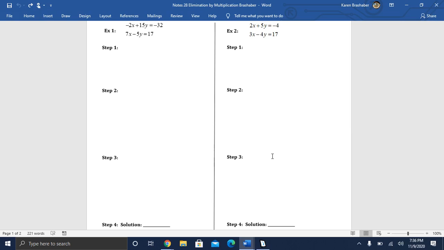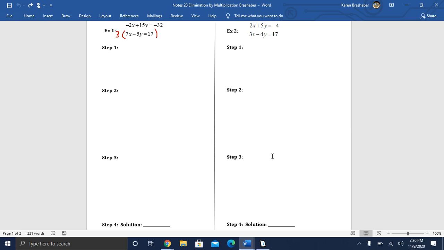But as I study the numbers, it looks like the y's would take the least amount of work, because I could multiply my bottom equation by 3 so that the 5 becomes negative 15. That would give me a negative 15y, which when I add it to positive 15y would cancel out.